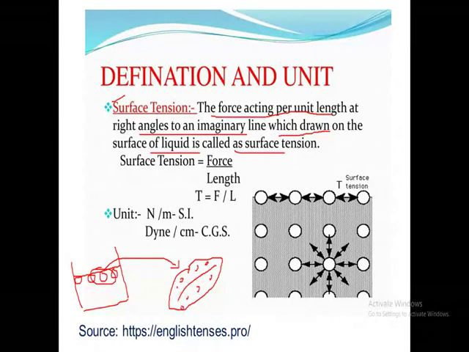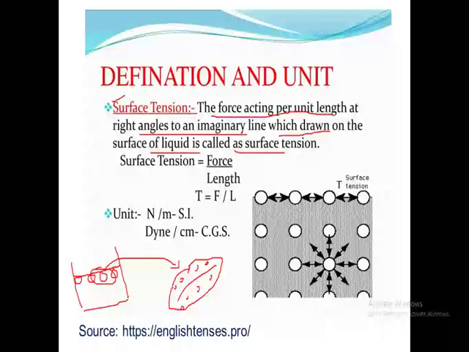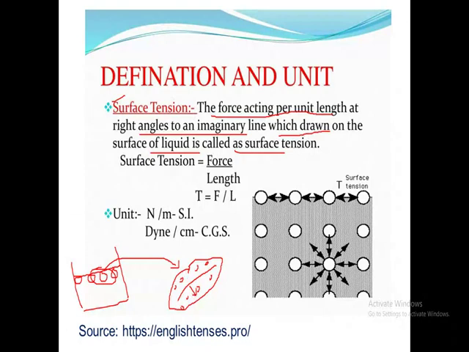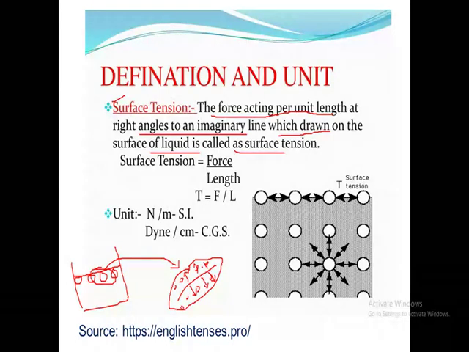It is found that the molecules on this side pull the imaginary line to this side, and the molecules on the other side pull it to the other side. This means there is a pulling force acting opposite to each other on either side.